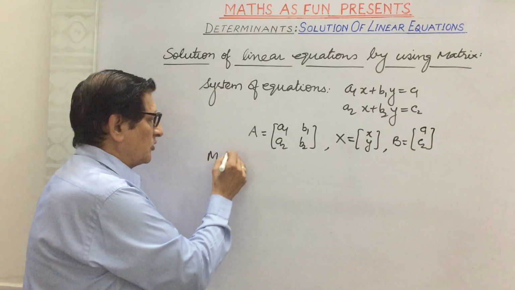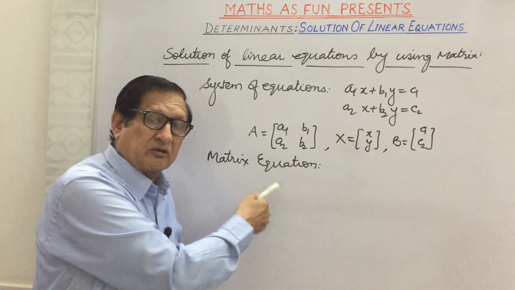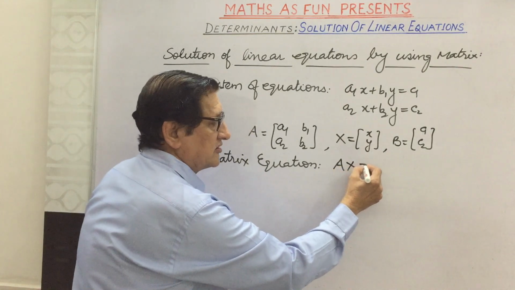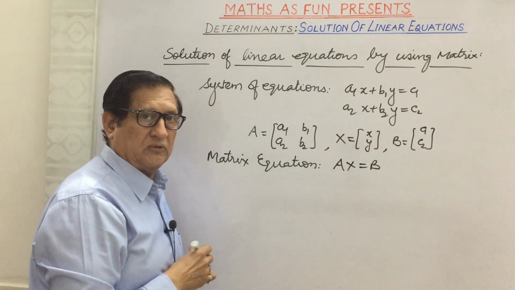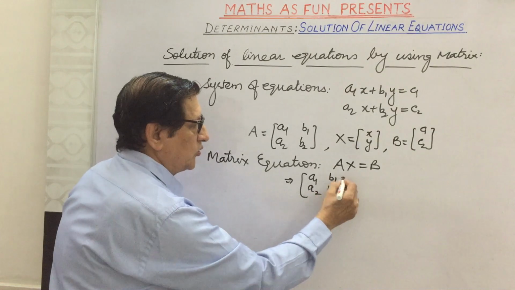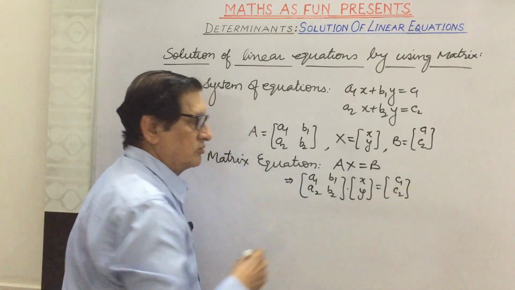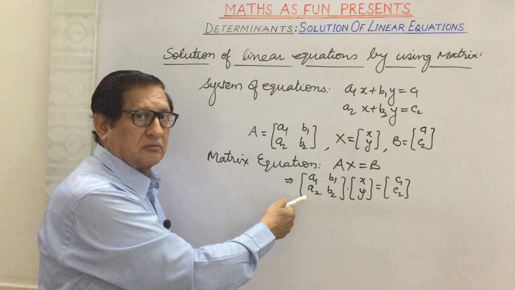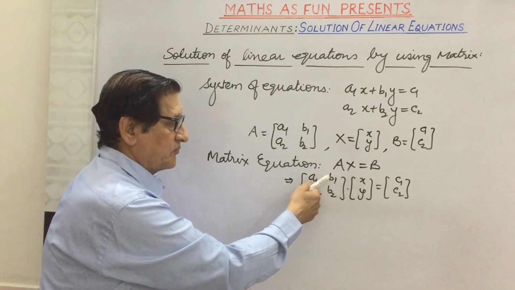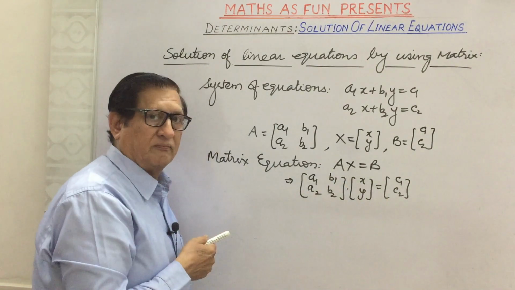Now we call something known as the matrix equation. The matrix equation for the given system of equations is AX equal to B. You can see very well here, if we write a1, b1, a2, b2 into x, y equal to c1, c2, we find that when we multiply this, a1 into x plus b1 into y will be equal to c1, and a2x plus b2y equal to c2.